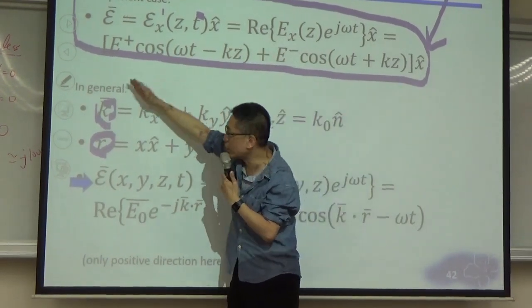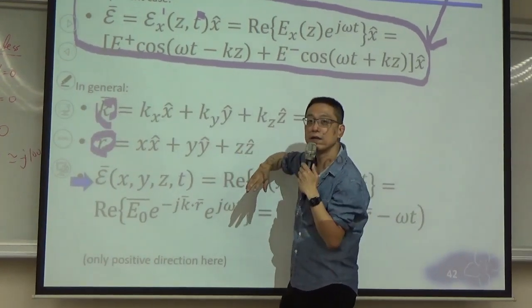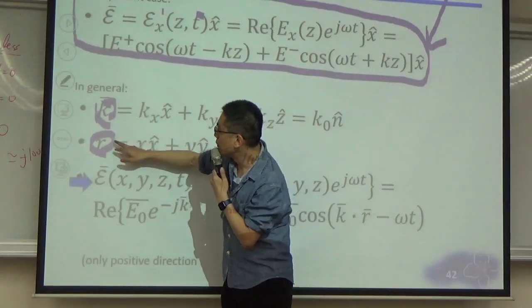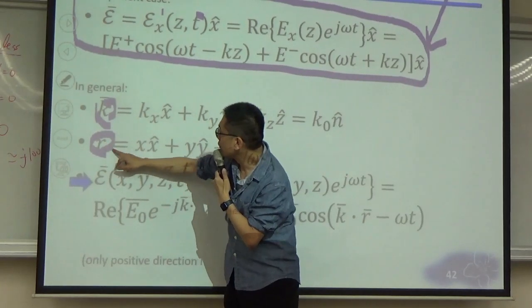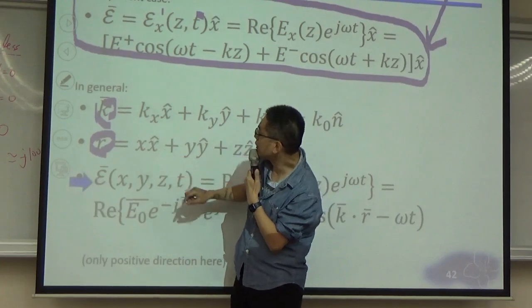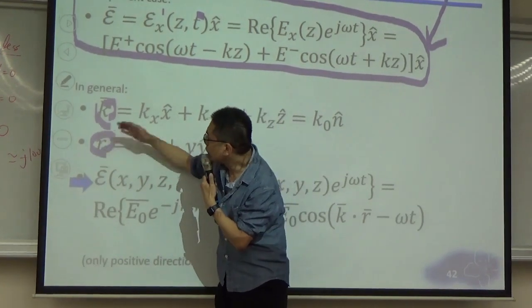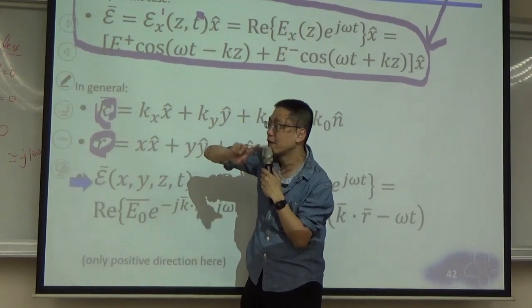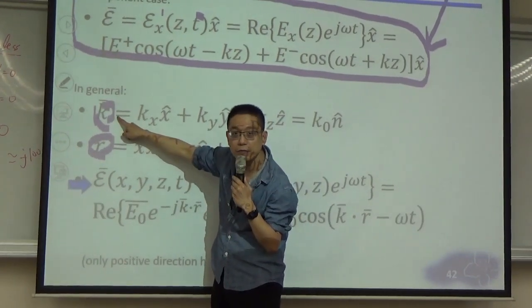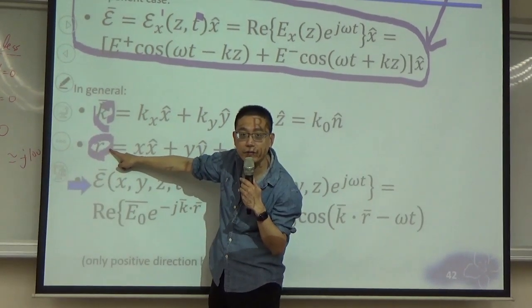But in general, you should define, like your x, only position, two new vectors. K becomes a new vector, and R becomes another new vector.